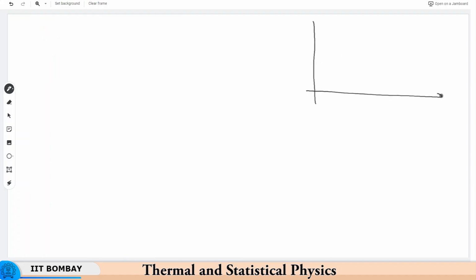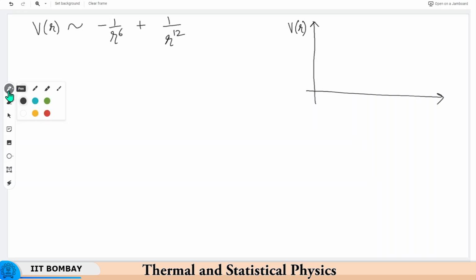So maybe I can write the total interaction potential as something like minus 1 by r raised to the power 6 plus 1 by r raised to the power 12. And this is a function, so I can plot this V of r. Maybe I can first draw this attractive term, which basically goes like this.